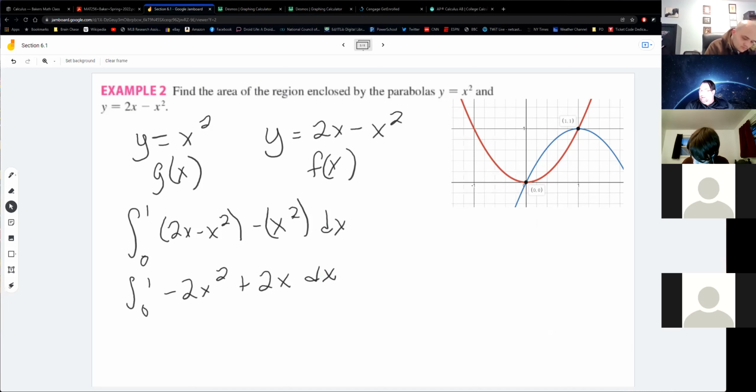So the integral of negative 2x squared is what? Negative 2/3 x cubed.